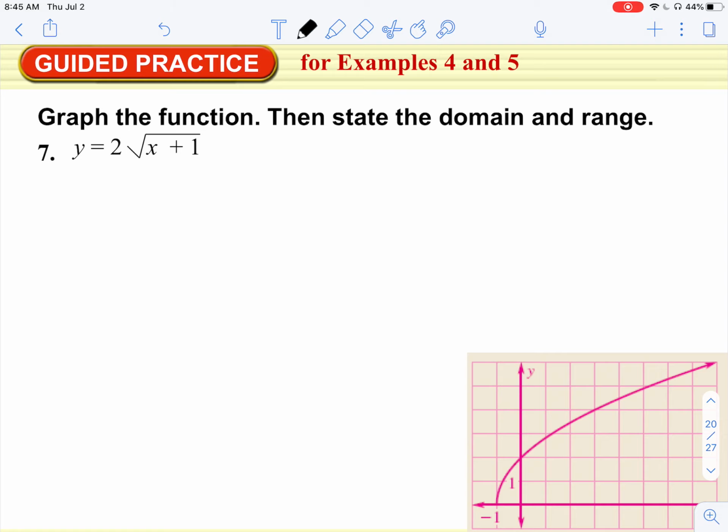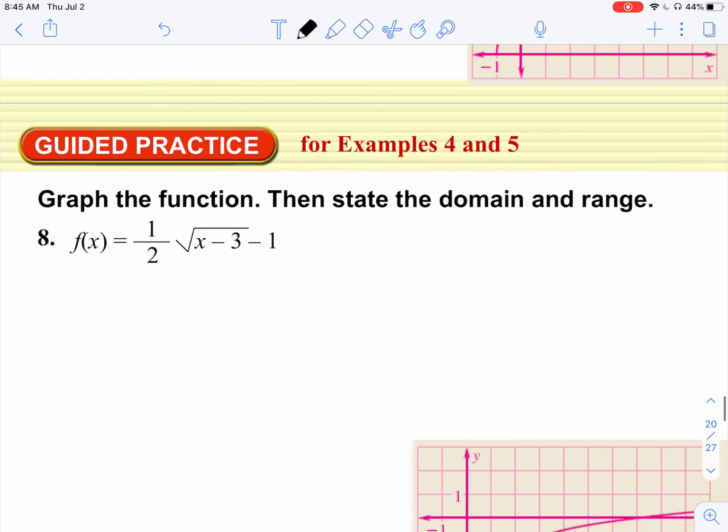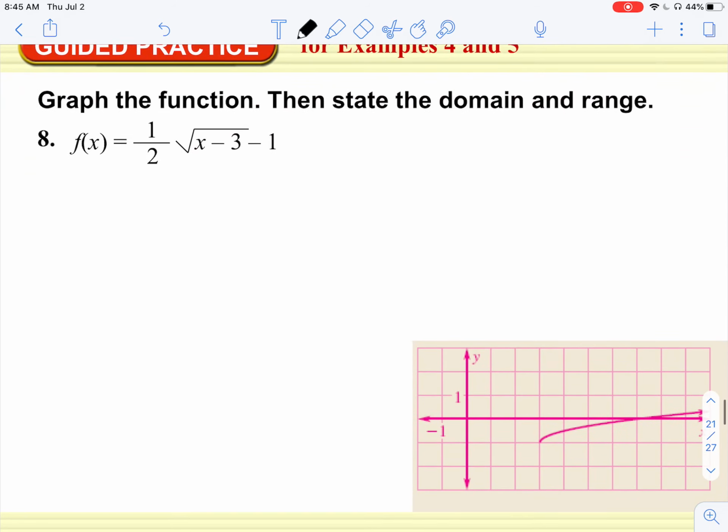My graph is over here. It looks like I have translated it left 1, which we see right there, and I didn't go anywhere up or down. My domain is greater than or equal to -1, and my range is going to be greater than or equal to 0. Okay, here I'm moving right 3 and down 1.